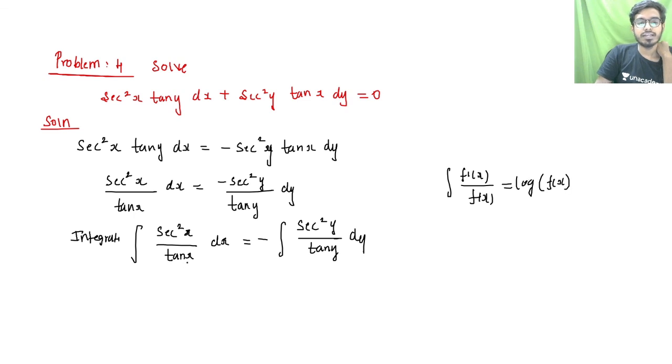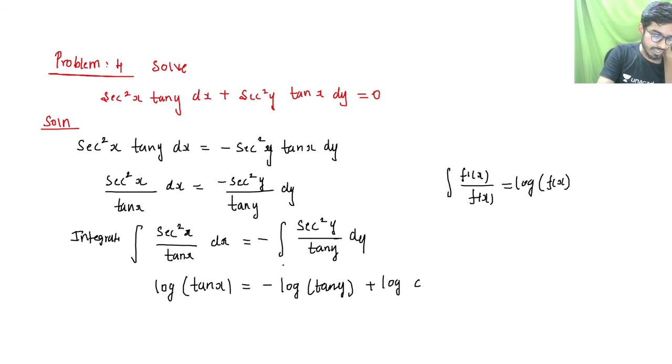Derivative of tan x is secant square x, and here we have tan y, derivative of tan y is secant square y, so it is of the form. So we will have log of tan x is equal to minus log of tan y plus some integration constant log c.